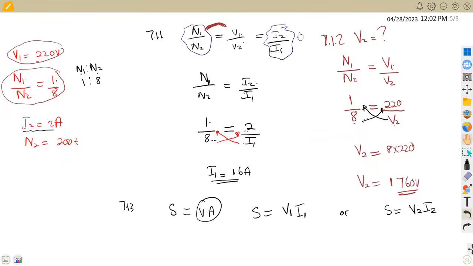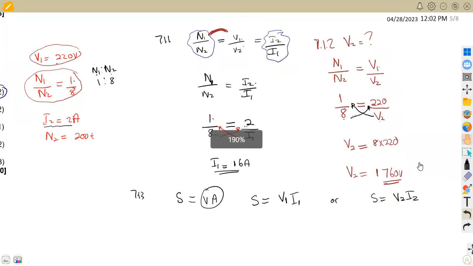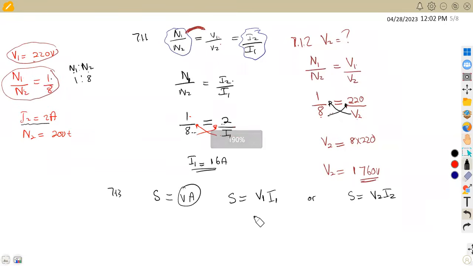All right. So having V1 and I1, here we have our V1, the primary voltage of 220, times I1, the current in the primary, which is 16. If we multiply this, we have 3,520 volt amperes. Okay, which is the same thing for the secondary.